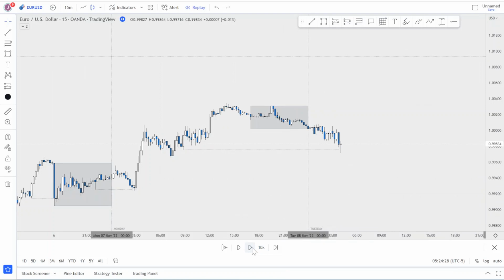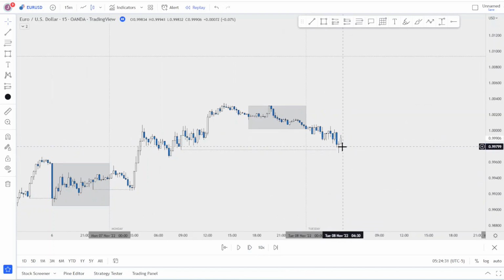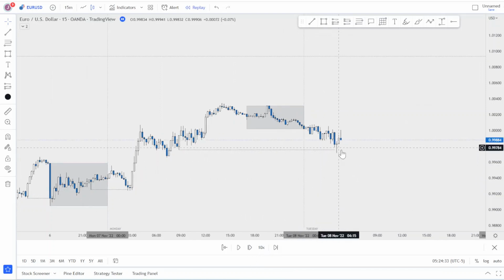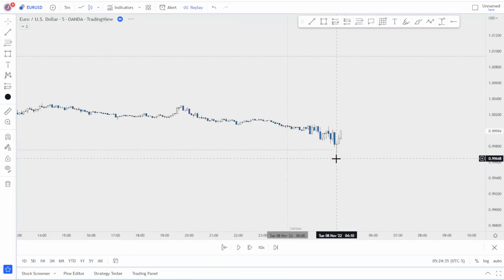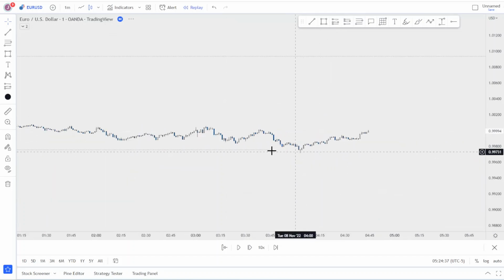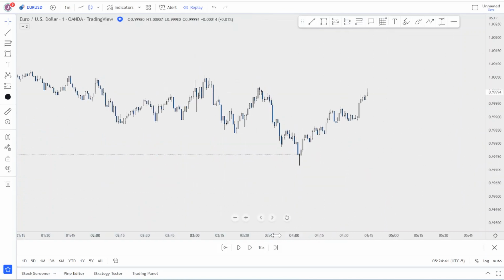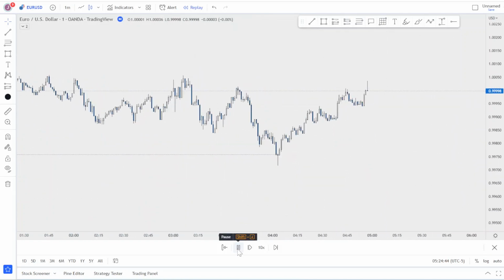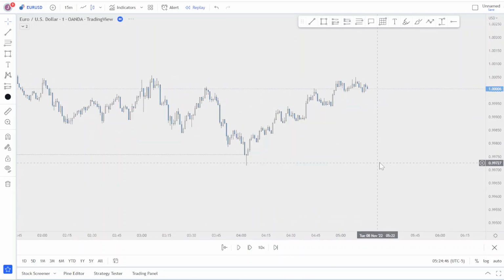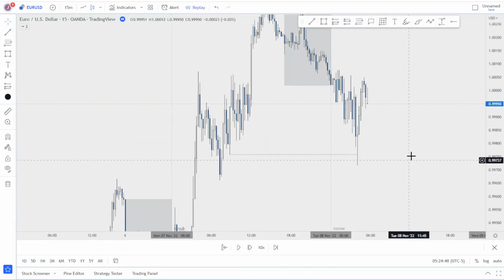So now on another time frame, so you could go to your 5-minute or 1-minute, you'll look for your entry in here. So you got your 5-minute, your 1-minute time frame, and however you want to take your entry or however you see fit, you'll take it and then you could run with your profits.